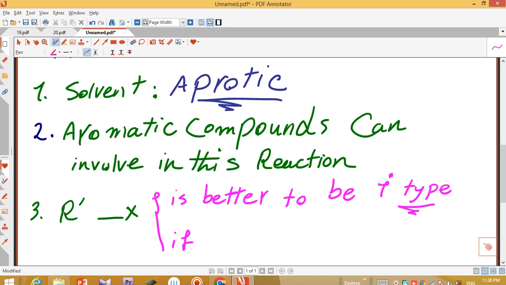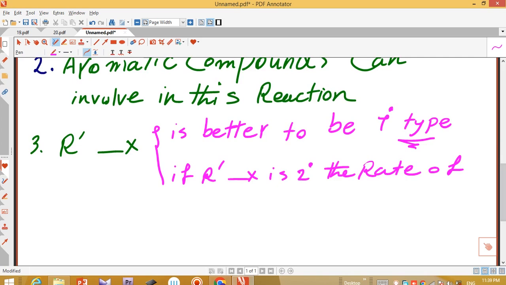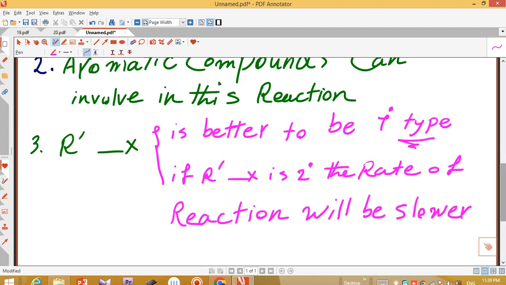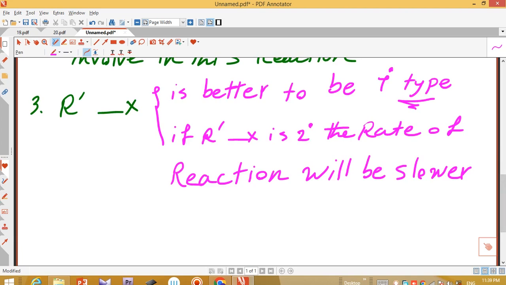If the carbon of R prime would be carbon type 2, the rate of reaction would be slower in comparison with carbon type 1, and methyl halide is the best R prime X. If R prime is methyl it is best, after that carbon type 1 would have the best rate, and the rate of reaction would be slower when the carbon would be type 2.